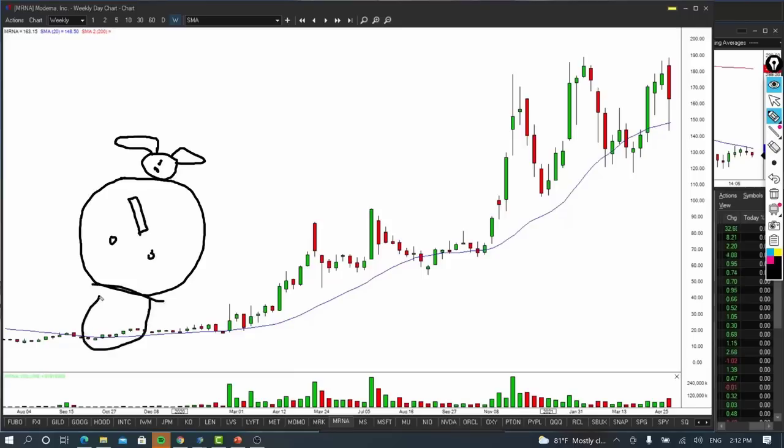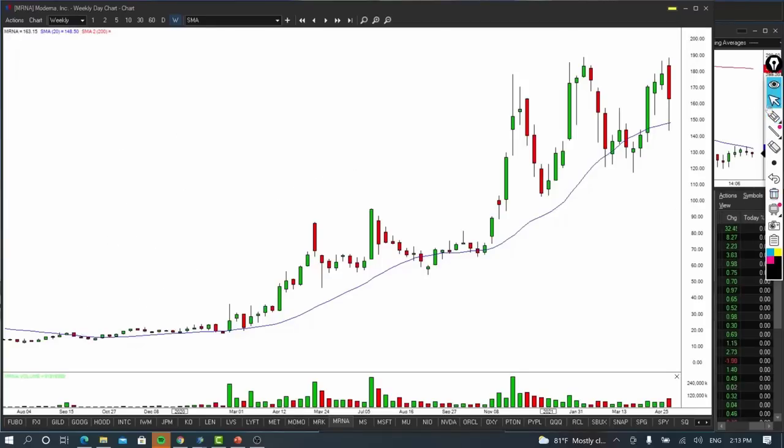There's a hat. That's how you go broke, where your head is 10 times bigger than your body. We don't want the reverse snowman like that. Okay? You got it? Good.